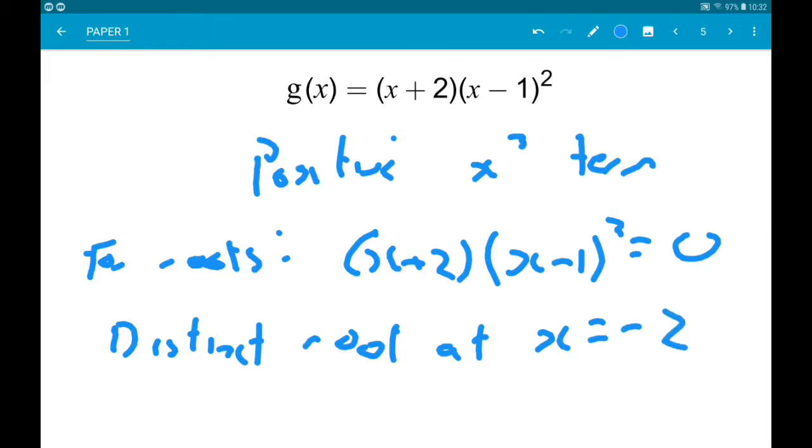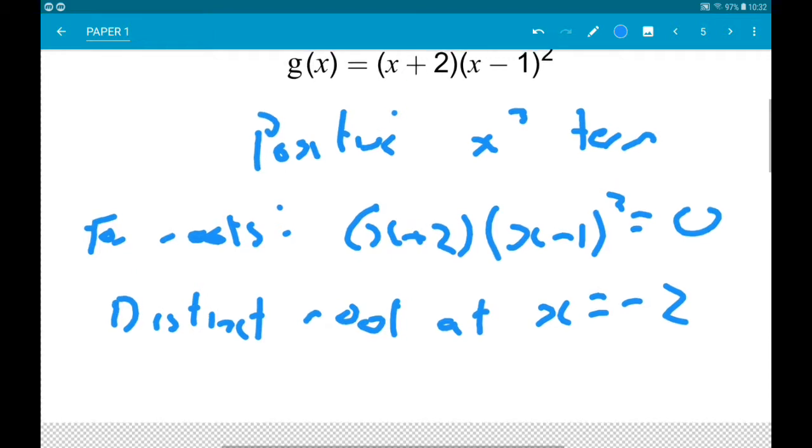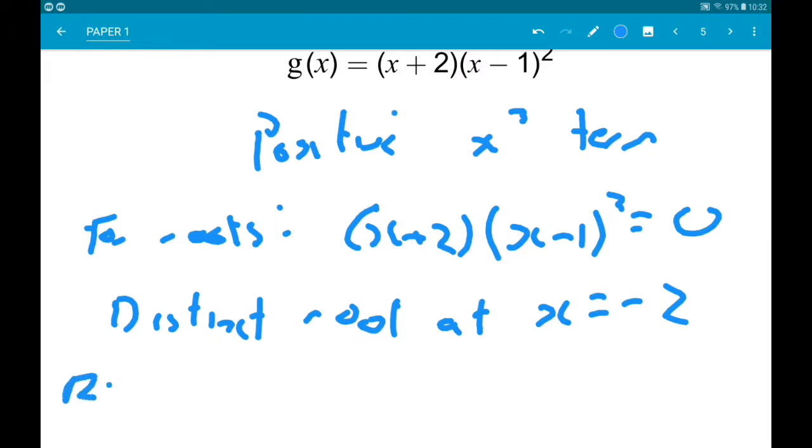So that means the graph crosses the x-axis at minus 2, and we get a repeated root at x equals 1, because that bracket is squared.